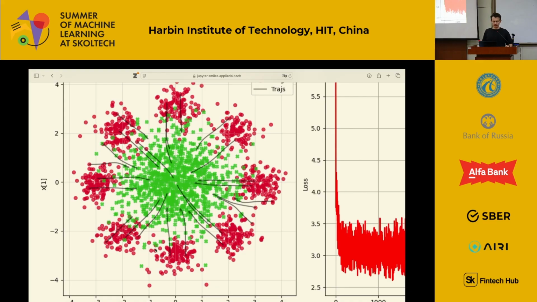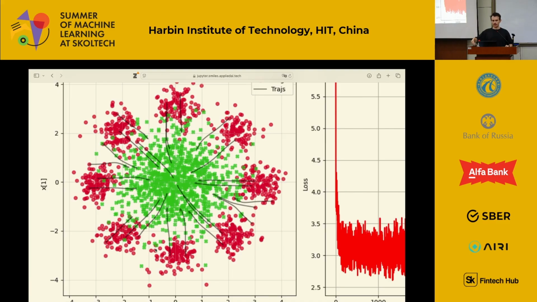Why are non-straight trajectories a problem? Because if you have a straight trajectory of your ordinary differential equation, then ultimately you can numerically solve it by just one step. So basically the lower the curvature of your ODE, the lower the computational error of solving this ODE numerically.